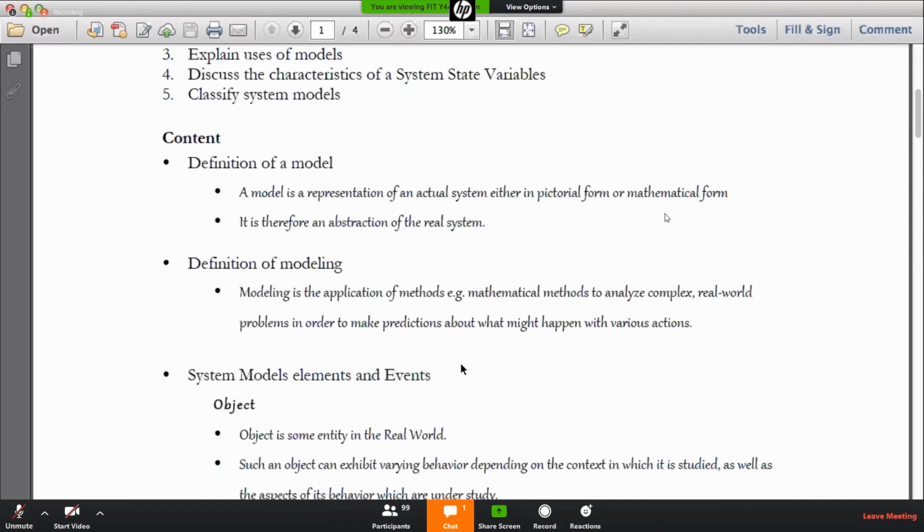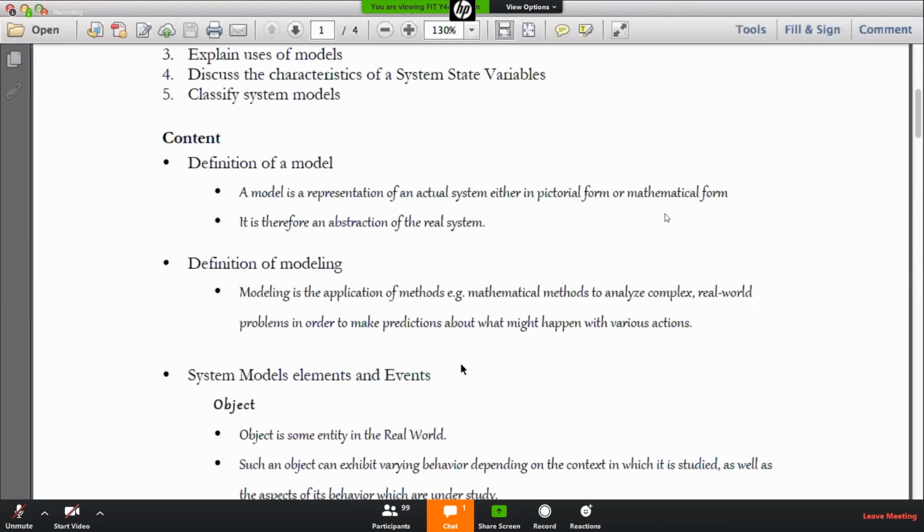I need to link where we come from here. You say a model is a representation of an actual system. And we are saying it can be in either pictorial or mathematical form. And hence, one can say it's an abstraction of a real system.